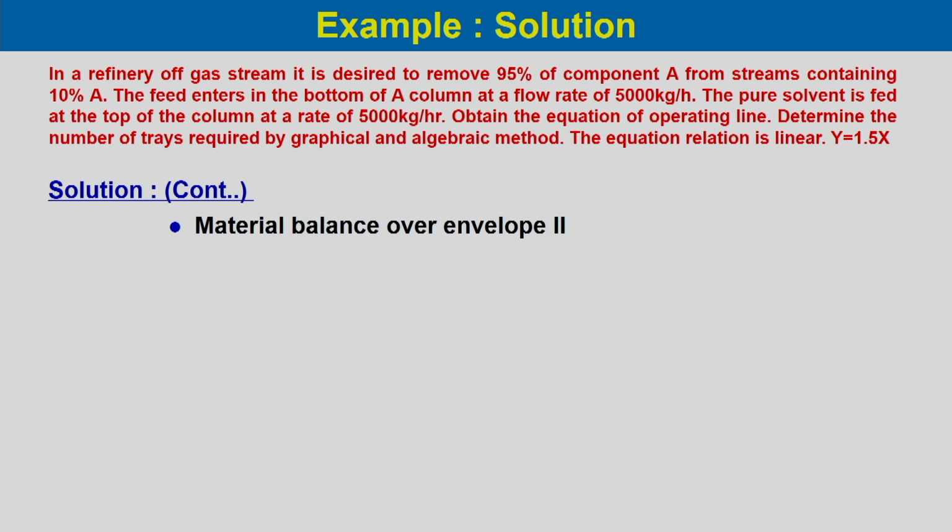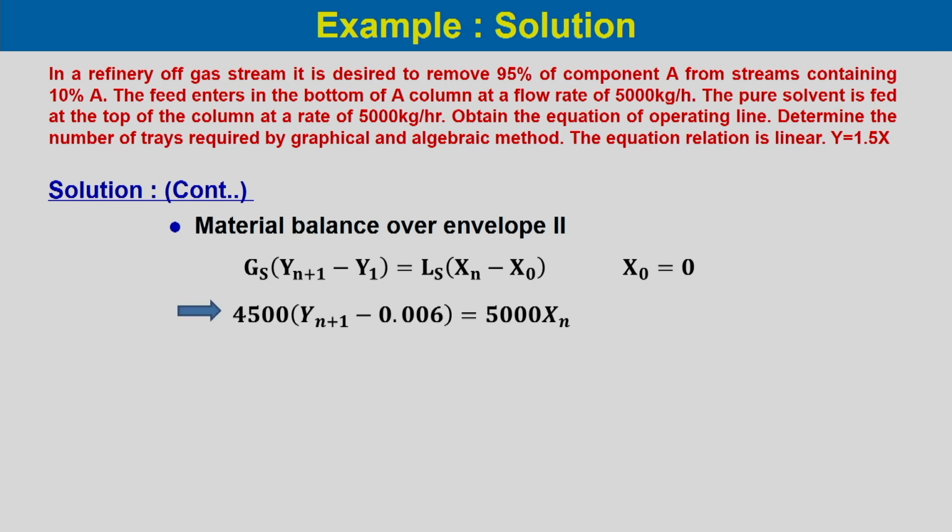Now, if we do the material balance, we get Gs into y n plus 1 minus y 1 equal to Ls into x n minus x naught, at any tray inside the column, and here x naught is 0. So, we can get a relation between y n plus 1 and x n.